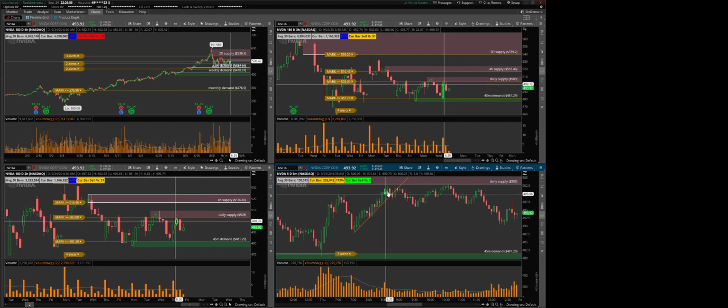In this case, we're rallying, so I'm looking for a rally, base, drop. Here, I wouldn't have taken this one because we didn't break the trend line yet. But here, we're starting to break the trend line. We try to go a little higher here, and then we have this dropping candle. So now this is the rally, this is a base.